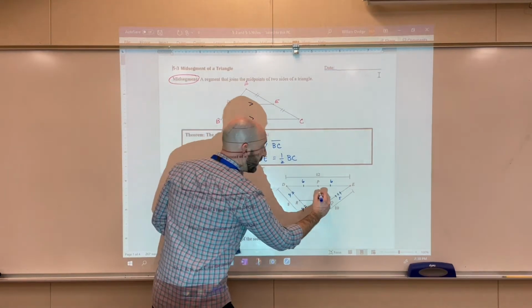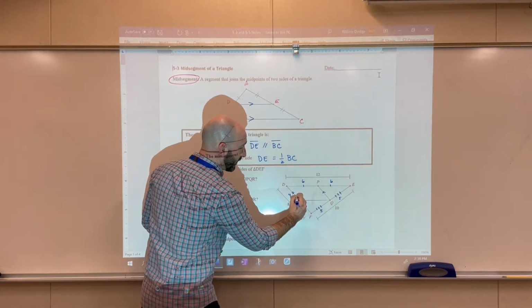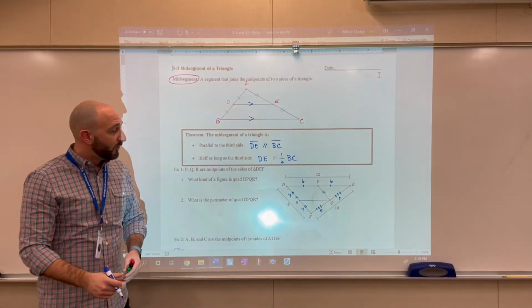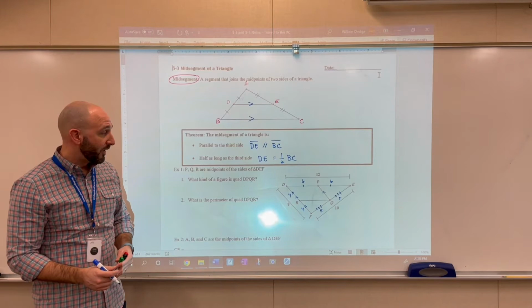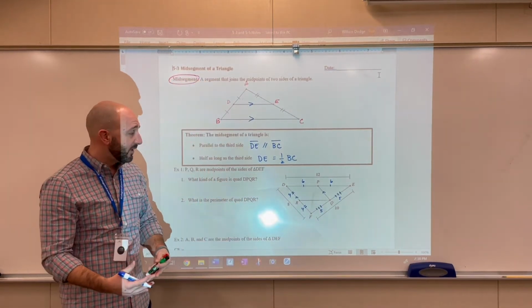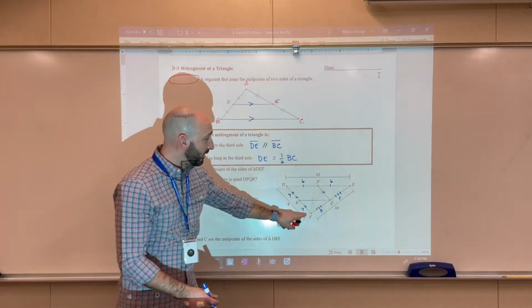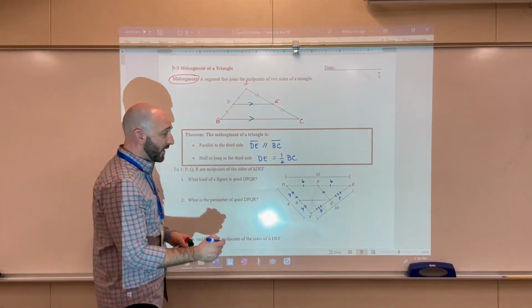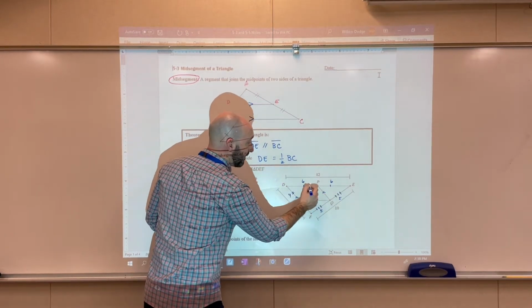So PQ has to be parallel to the third side of the triangle. So it looks like PQ and DF would be parallel to each other. RQ would also be a mid-segment, again, because it's connecting the midpoints of segment DF and segment FE. So it would be parallel to side DE.